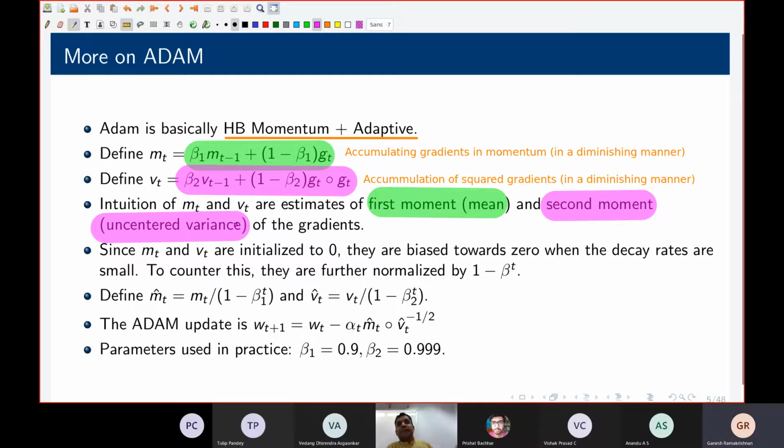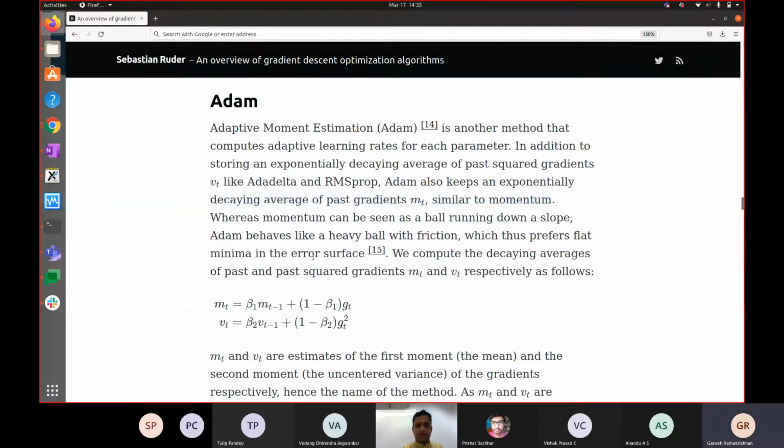But here we're not talking about data, we're talking about the trajectory of your updates. And that's exactly where we began.